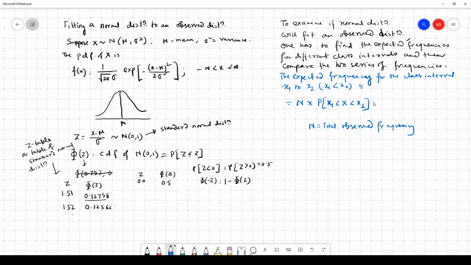Now here X follows normal mu, sigma square.